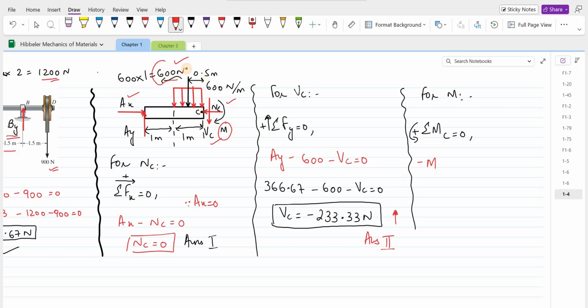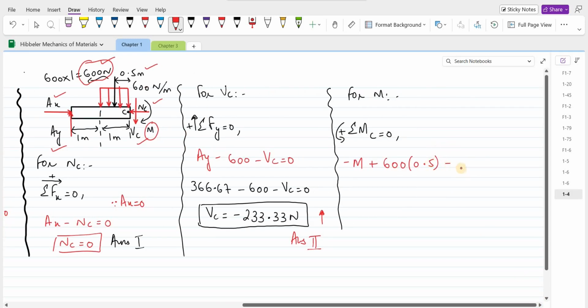This 600 newton force is trying to rotate the section of this shaft in counterclockwise direction about the point C. So the moment produced by this 600 newton force will be taken as positive. So we have positive 600 and the moment arm is 0.5 meters. This support reaction AY is trying to rotate the section of the shaft in clockwise direction about the point C. So the moment produced by this support reaction AY will be taken as negative.